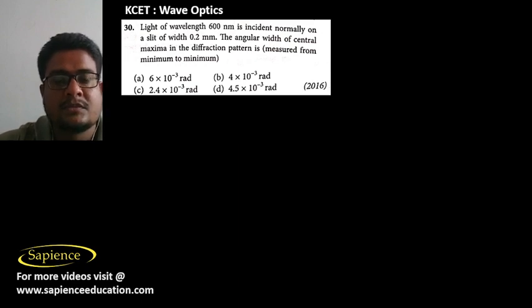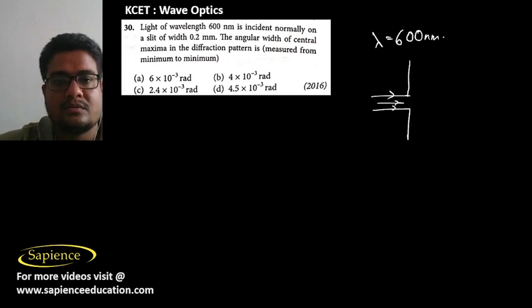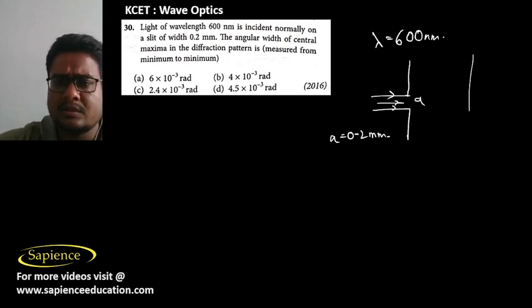Then light of wavelength 600 nanometer is incident normally on a slit of width 0.2 millimeters. The angular width of the central maxima in the diffraction pattern is measured from minimum to minimum.